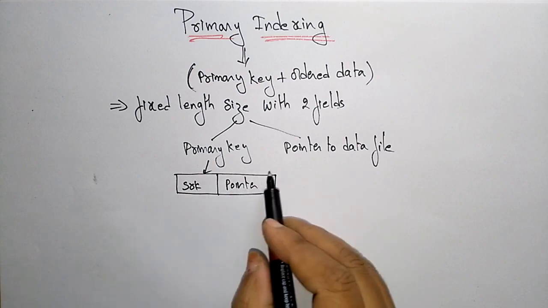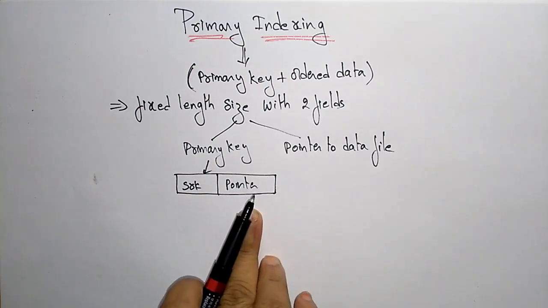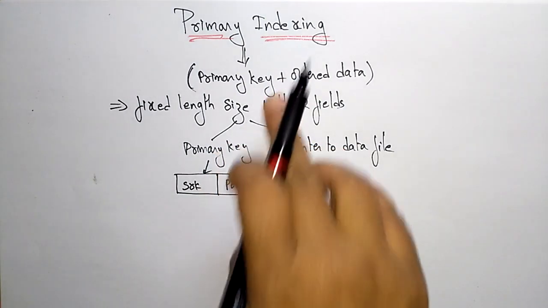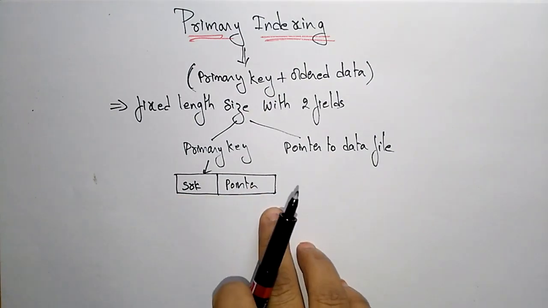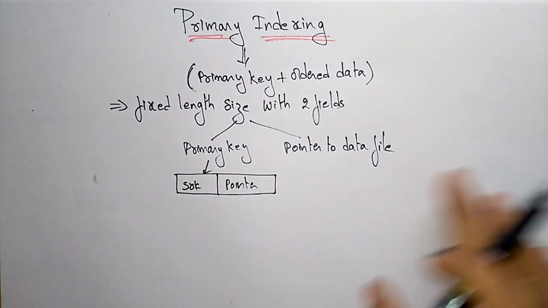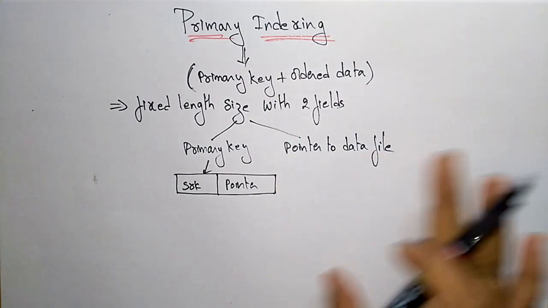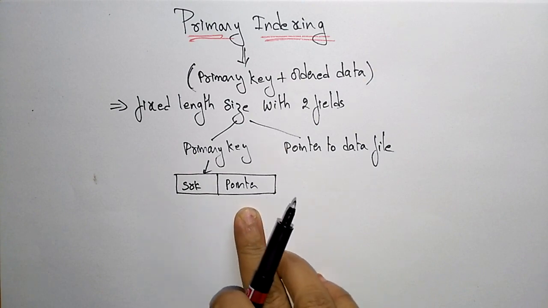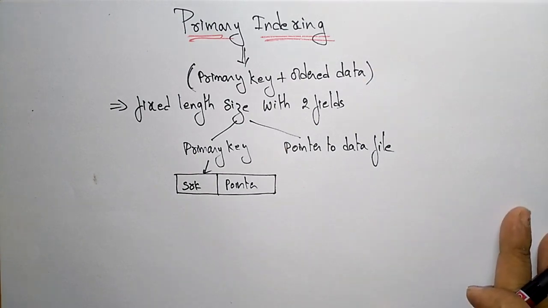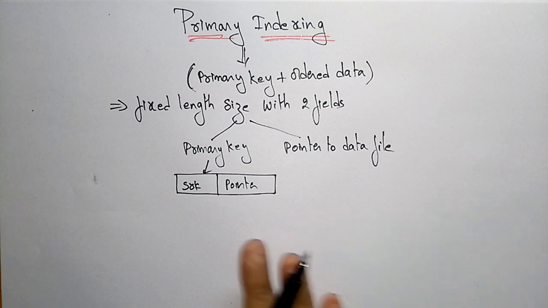So this is the structure of the indexing. If you take primary indexing, the search key should be a primary key and the pointer to the data field, so to which block we are searching, that related address will be stored in this pointer field.